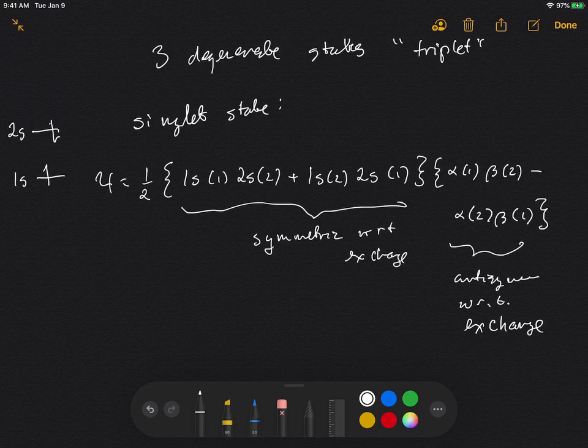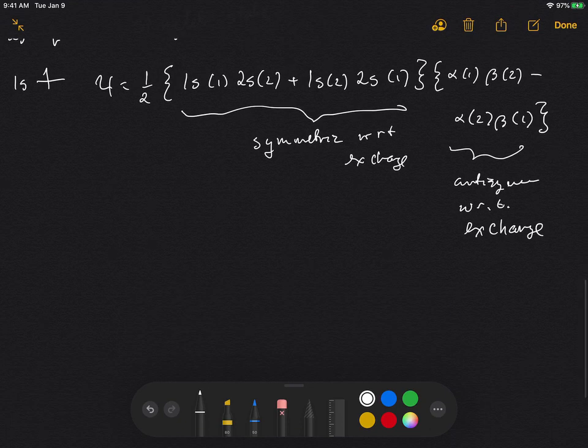And then that raises the question, okay, now that we've looked at these states, we've identified these two kinds of helium excited states. Do they both exist? And the answer is yes, they do both exist. Another relevant question is, which is the higher energy state and which is the lower energy state?